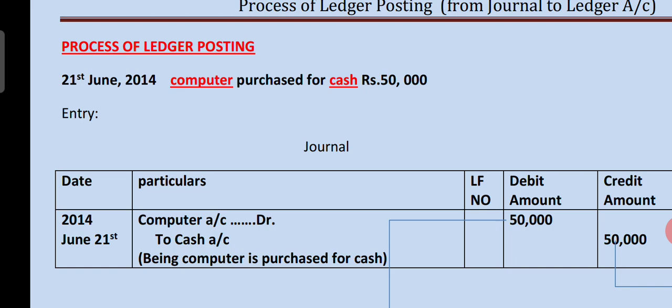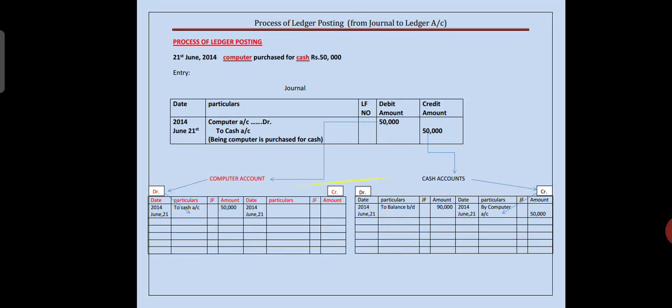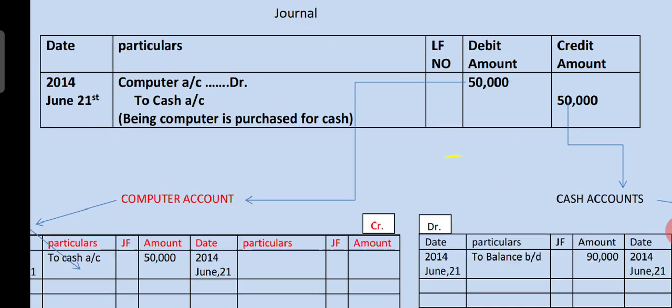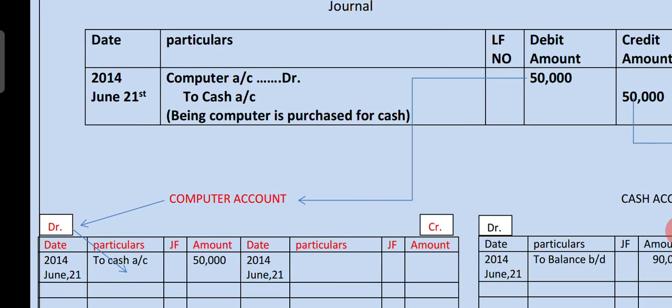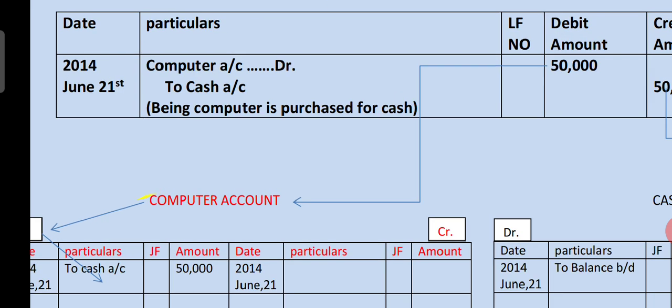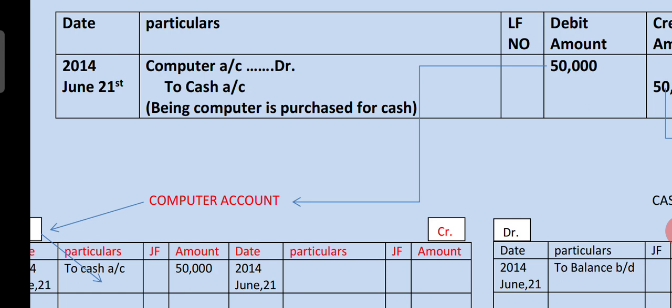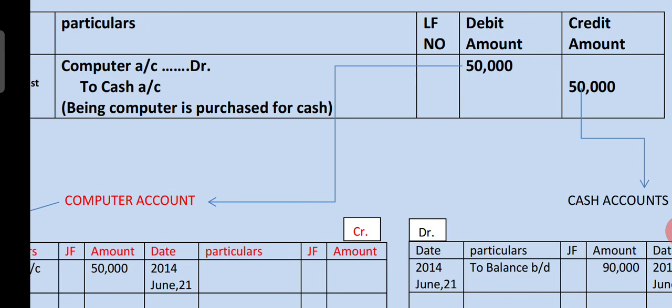So here we've written the entry. In the date column 2014 June 21st, and computer account debit, in the debit column 50,000, to cash, that is the credit entry. In the credit column we've written 50,000 rupees, and narration being computer is purchased for cash.